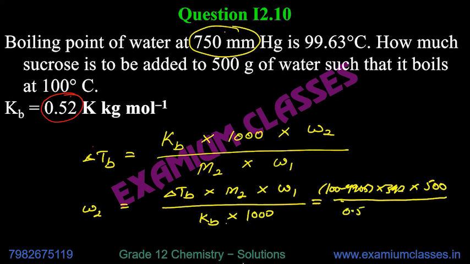Here it is KB into 1000. So delta TB is 100 minus 99.63, what I have written here. 100 minus 99.63 into 342 into 500. When you solve this one, you will get approximately 121.67 grams.